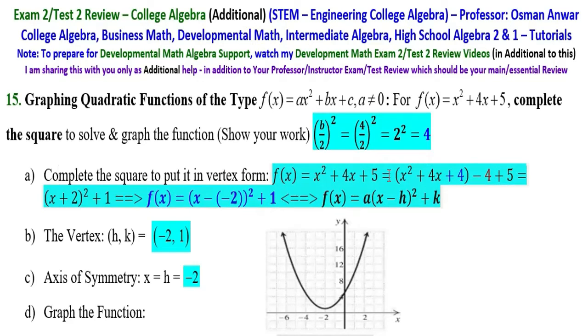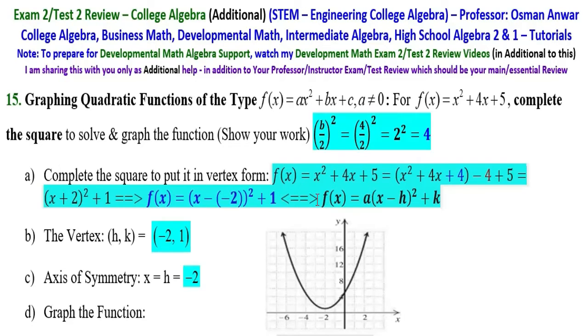Then x squared plus 4x plus 4 is a complete square, minus 4 plus 5. So this is equal to (x plus 2) all squared plus 1. Minus 4 plus 5 is plus 1. So this is f of x equals (x plus 2) all squared plus 1.